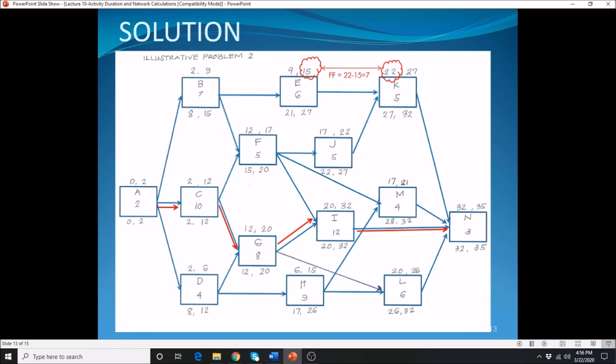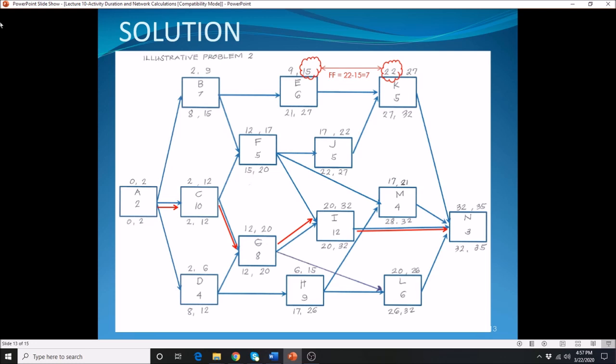Let's take a look at activity B. Activity B is not critical. So what is our formula for the float of non-critical activities? The formula to determine the free float is the minimum of the early start of the succeeding activities minus the early finish of the activity in question.